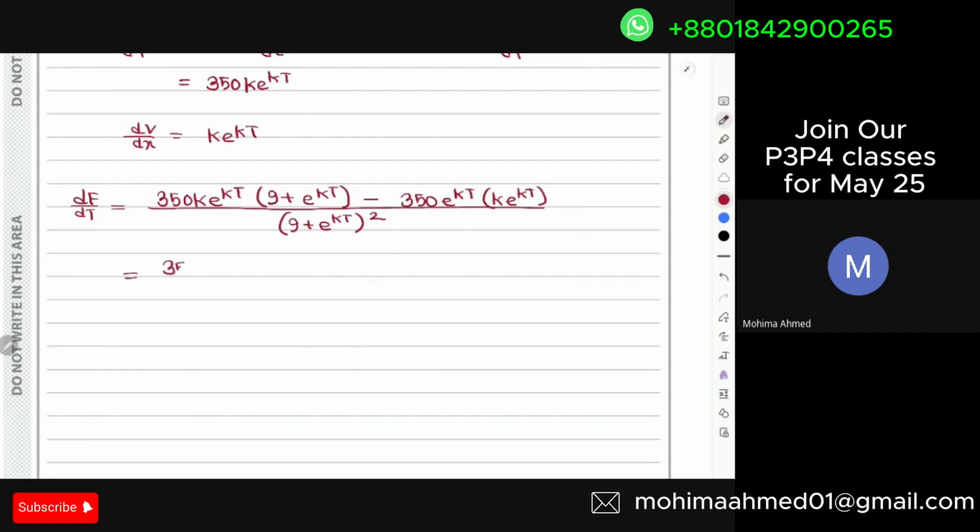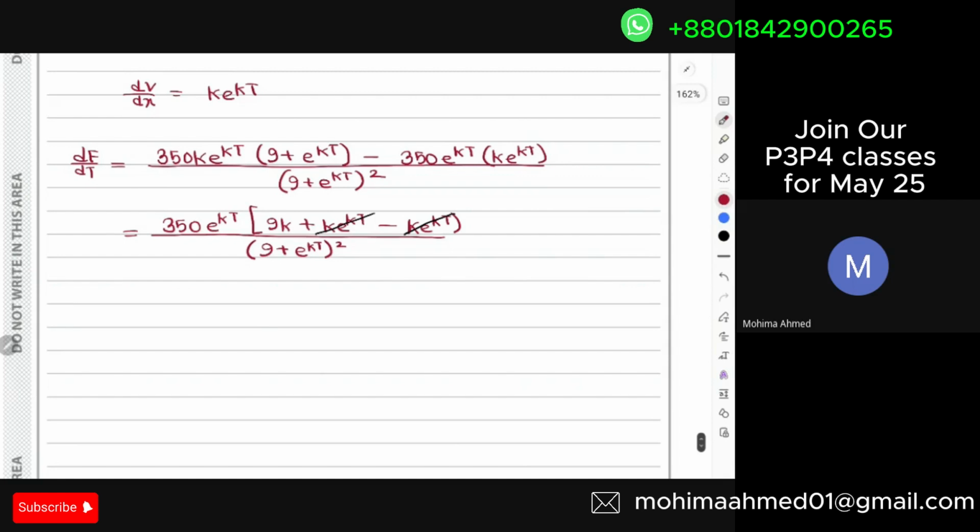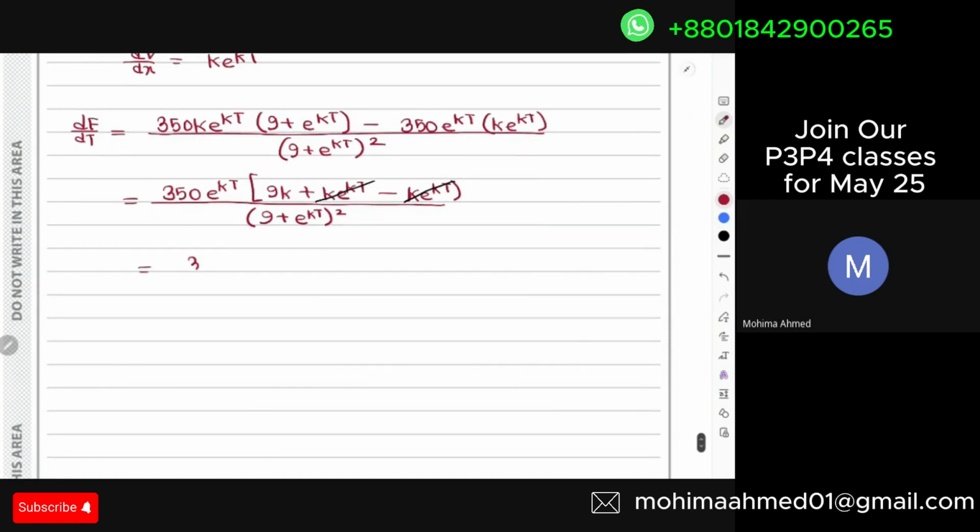So if I take 350 e power k capital T, I'm supposed to get 9k plus k e power kt, and from there I'm going to get minus k e power kt, dividing this with 9 plus e power kt whole square. I can clearly understand that this e power kt cancels out. So your 350 will be multiplied with 9. That gives you 3150 k e power kt divided by 9 plus e power kt whole square, right?